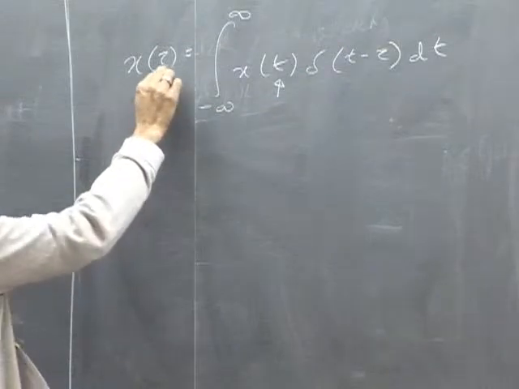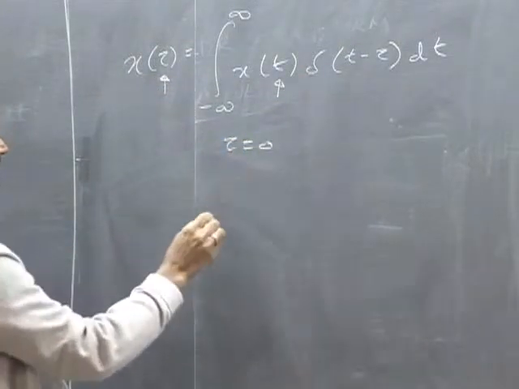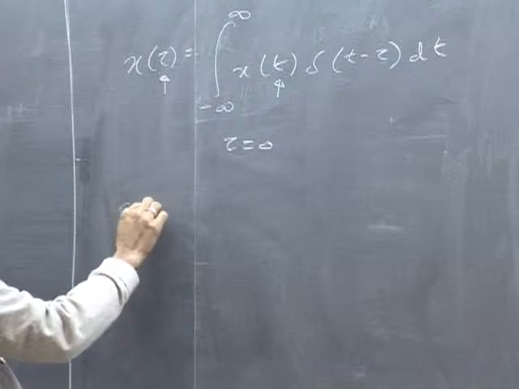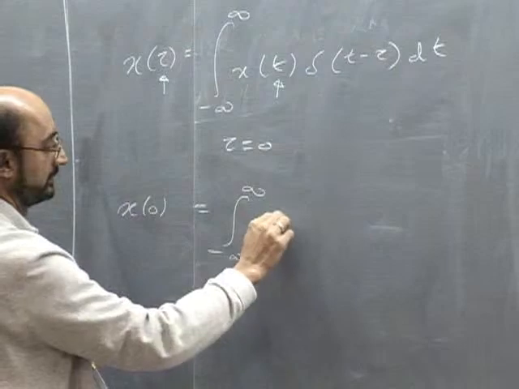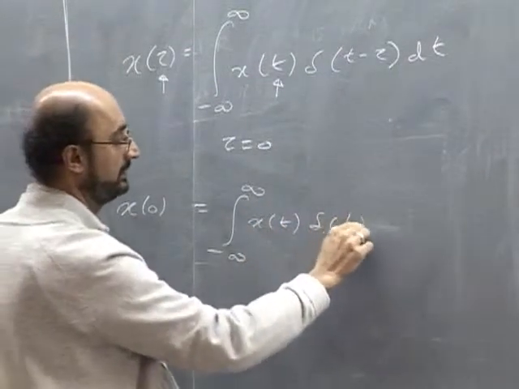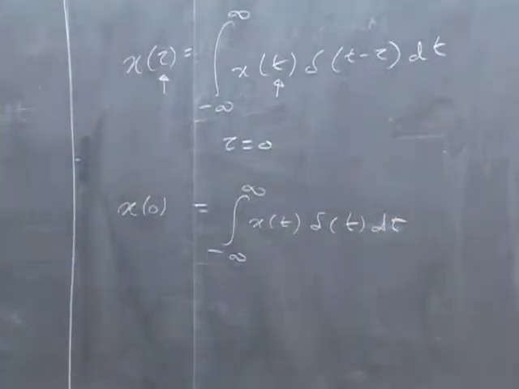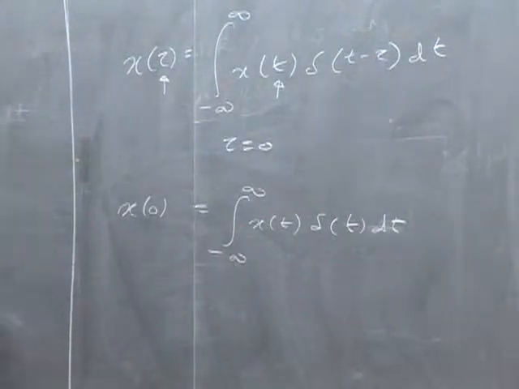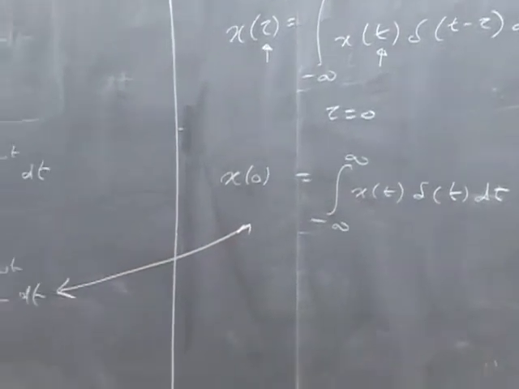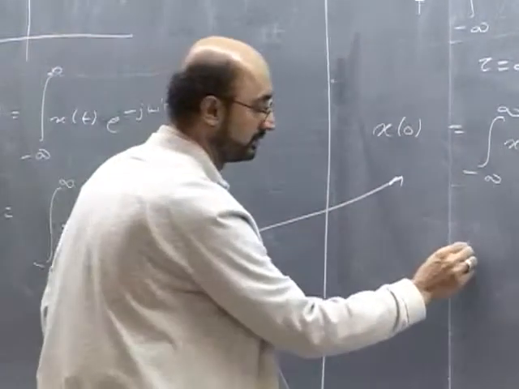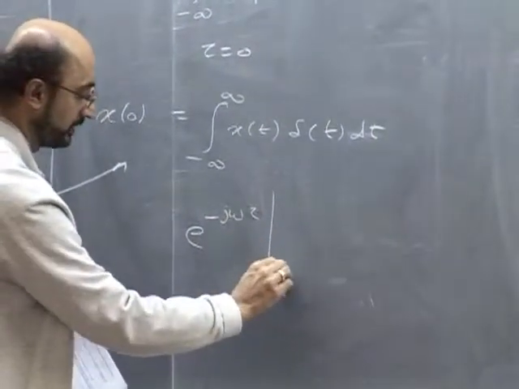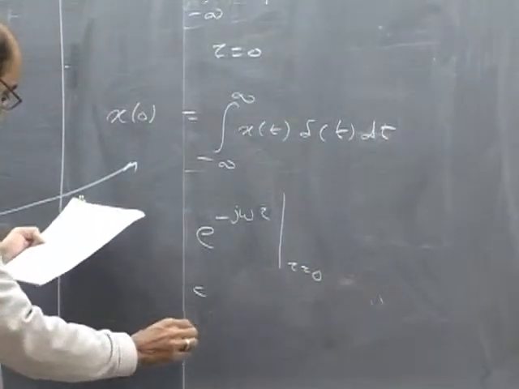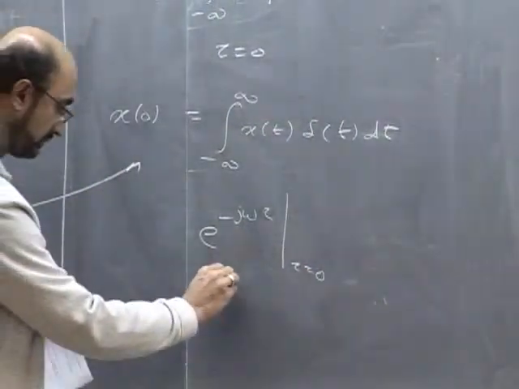So this is x of tau. Setting tau equals 0, we see x(0) equals the integral from minus infinity to infinity of x(t) delta(t) dt. We're just setting tau equals 0, right? And if you match this one and this one, we want e to the minus j omega t at tau equals 0, and this is going to be just 1.